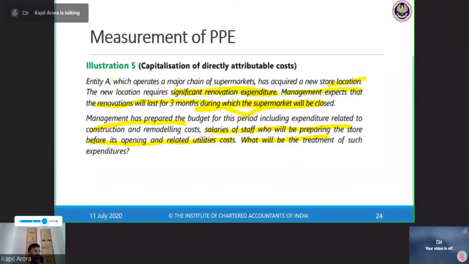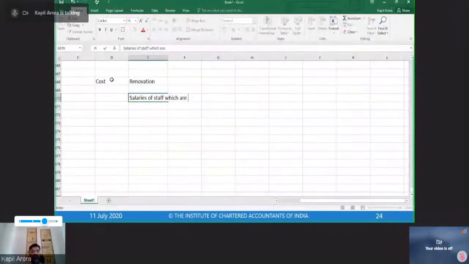So those staff who are involved in preparing the store, means they will stack up all the goods, they will keep all the supermarket stuff at the right place. Their cost, right, salaries to the staff which are already there. So their salary will not be included.